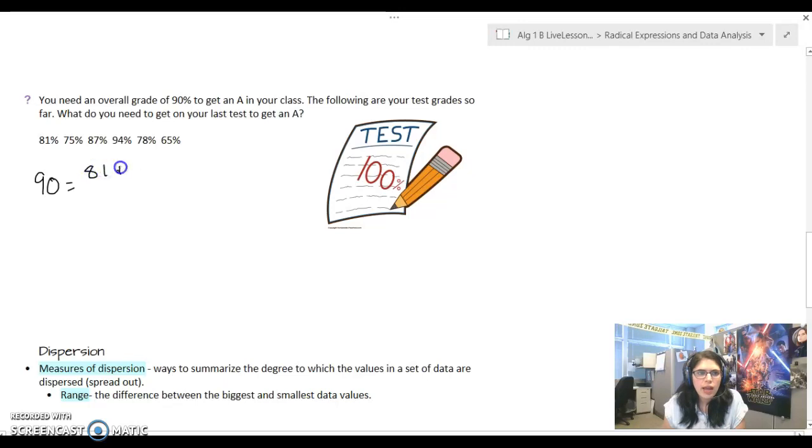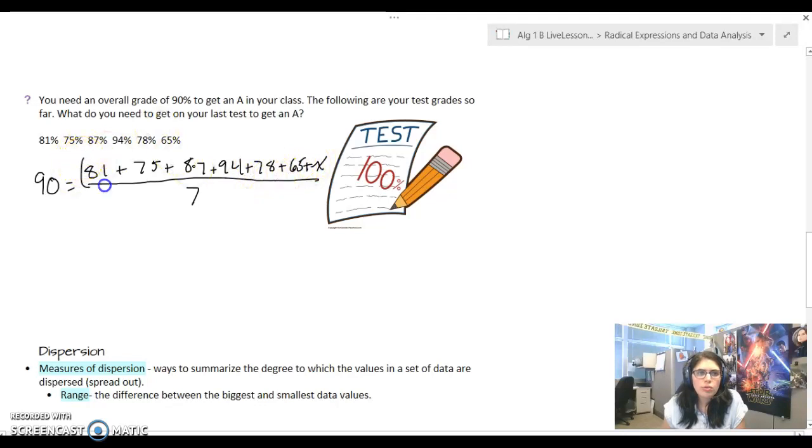So I have 81 plus 75 plus 87 plus 94 plus 78 plus 65, and then plus some other test value that I don't know, which I'm going to call X. And altogether, I've taken 6 tests already, but I'm going to take one more for a total of 7 tests. So this is how I would calculate that.